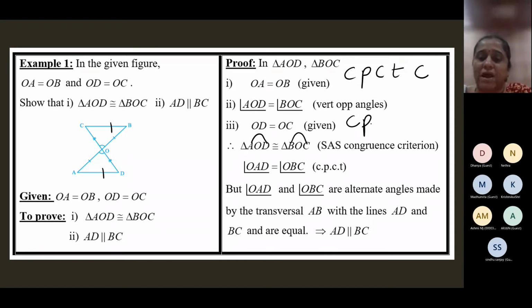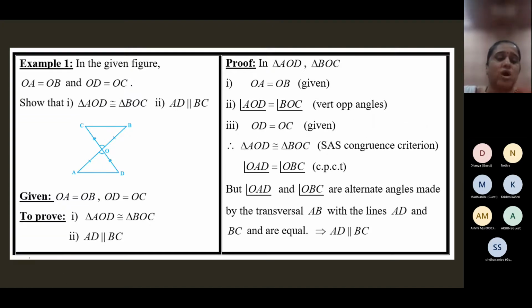So corresponding parts of congruent triangles are congruent, are equal. Once you prove that the two triangles are congruent, we have some results that follow through CPCT, because the triangles are now identical, their remaining corresponding parts are also equal.